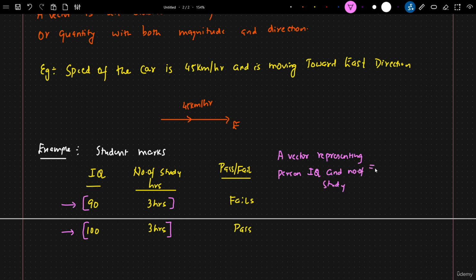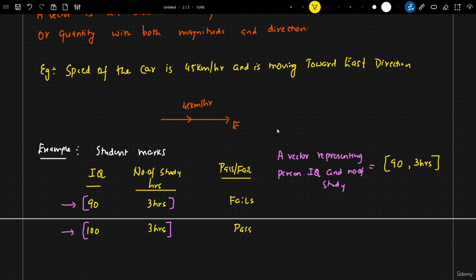So if I just take the first record, I will be able to show this in the form of a vector where my value is 90, 3. Okay, 90, 3. 3 basically means 3 hours. Okay, we can remove this unit.